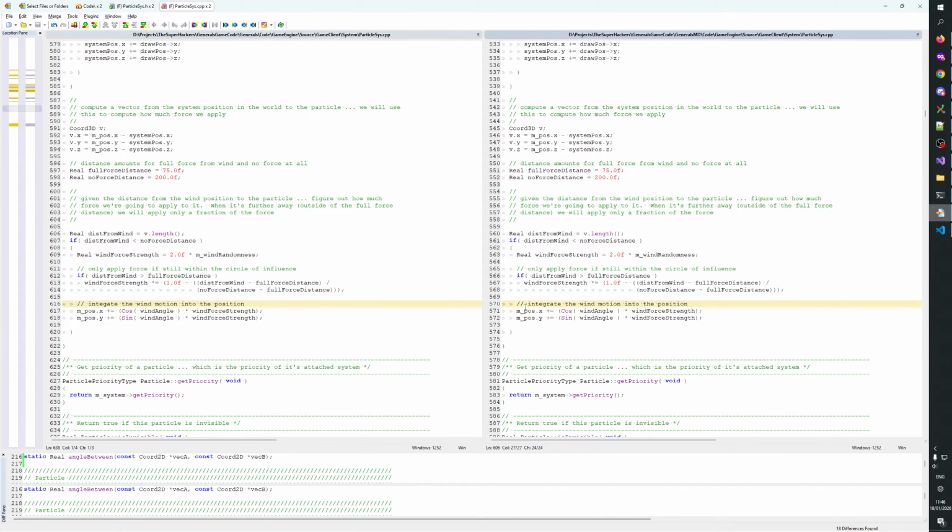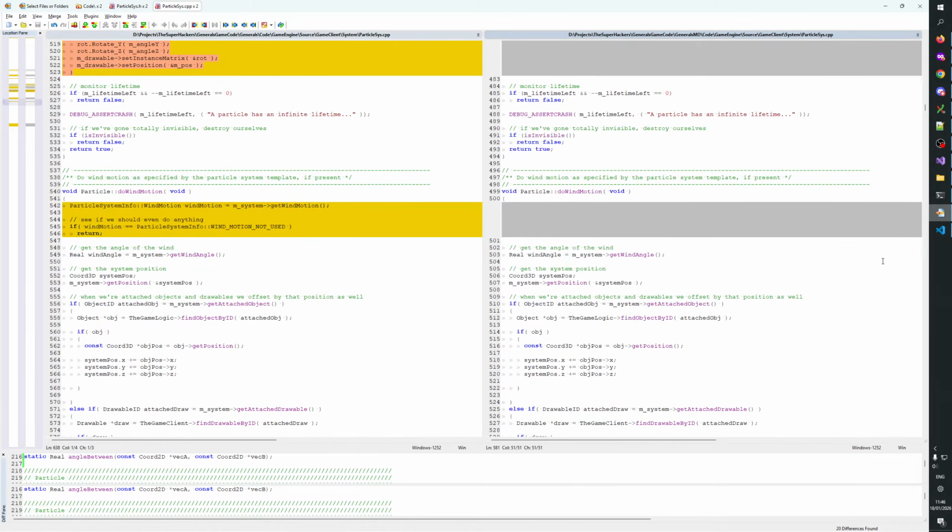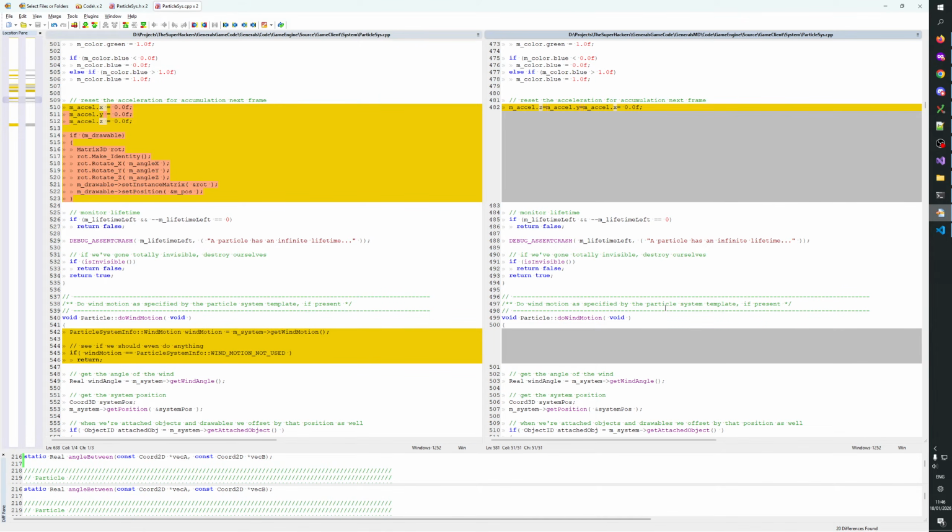What is the difference here? Integrate. Integrate. Wind motion. Do wind motion.